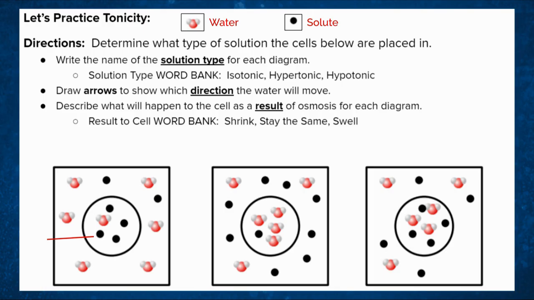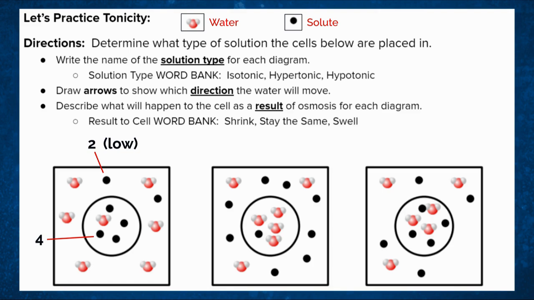So what we are first going to do is count up the number of solute particles. And so if we count up the number of particles inside the cell, we see 4. If we count the number of solute particles on the outside, we will see 2. All right? So we always want to think about these problems in terms of the water. What is going to happen with the water?